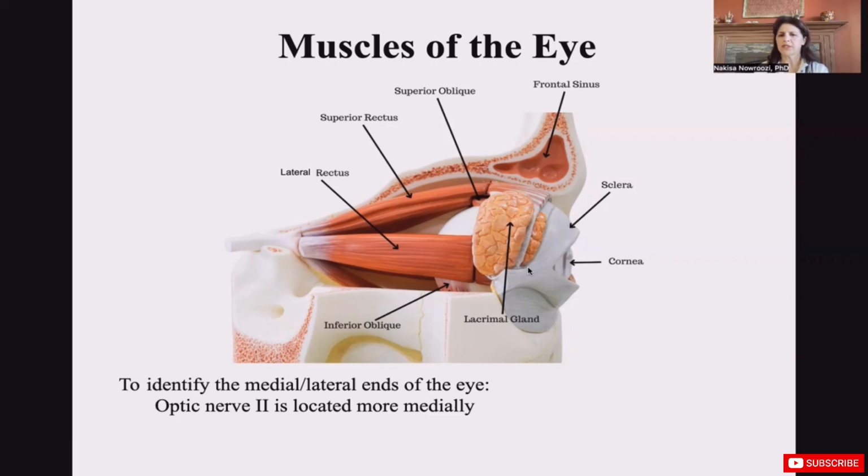This white sphere that keeps the shape of the eye intact is called the sclera. And cornea is this clear covering in front of the eye. Cornea, sclera, frontal sinus, superior oblique going diagonally, inferior oblique at the bottom, superior rectus, inferior rectus, lateral rectus, and medial rectus is on the other side.